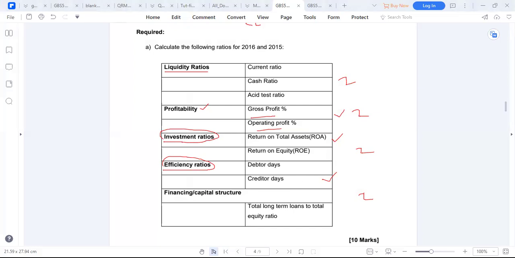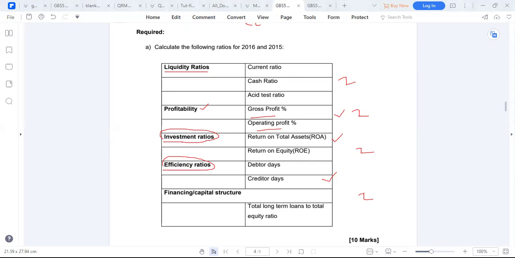What did I say about efficiency ratios? Yes, you said it looks at how effective the company is managing its assets.